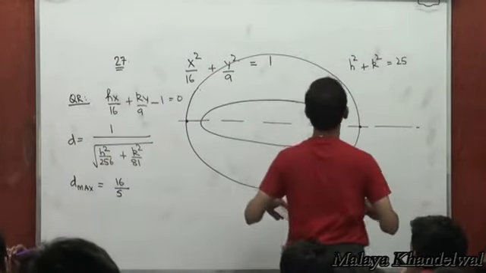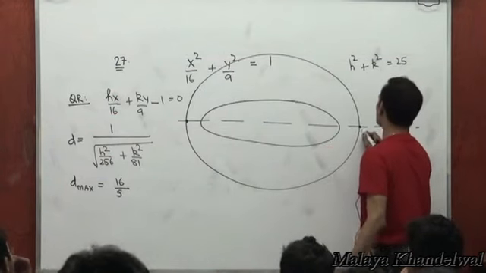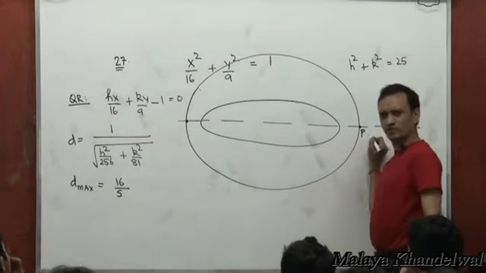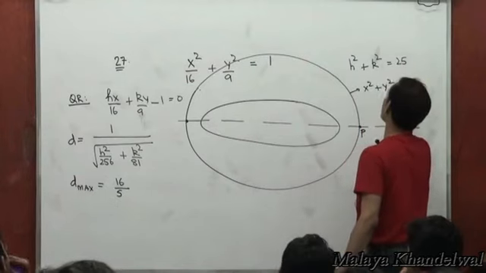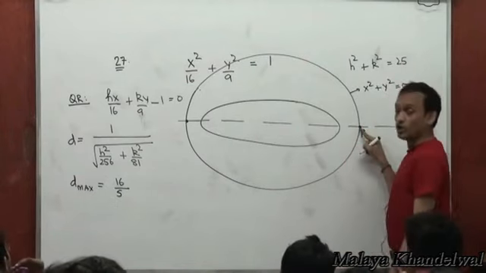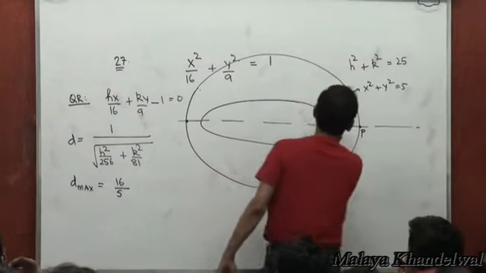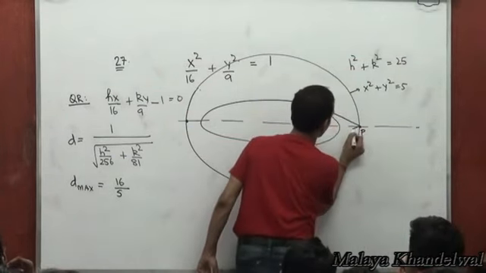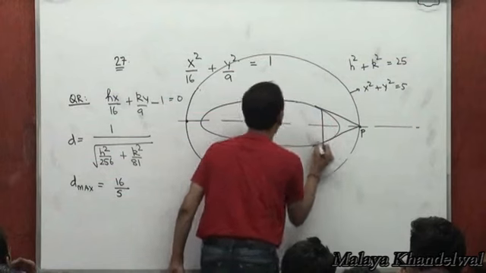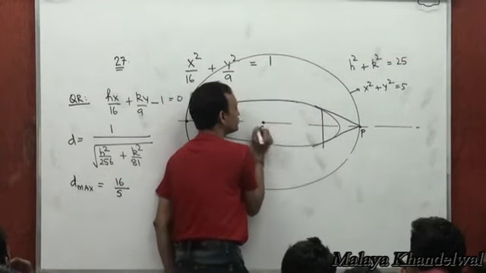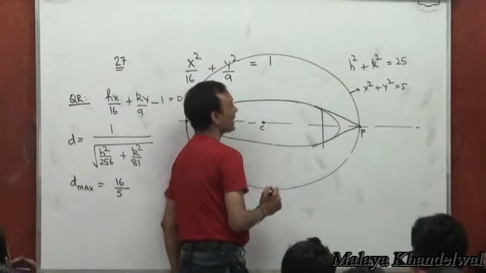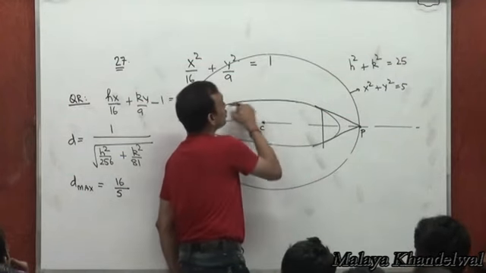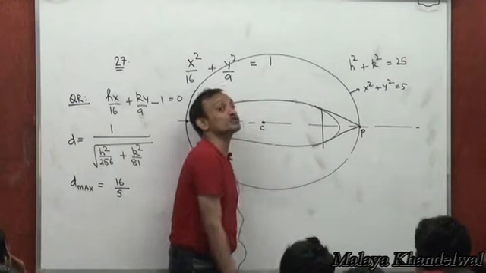I would have intuitively guessed that if the point P was here, which is (5, 0), this is the circle x squared plus y squared equal to 25. The point (5, 0) is a point here. And realize that from this point, if I draw the two tangents, then the chord of contact really would be the farthest from the center. And from this point, if I draw, then it will be the closest to the center.